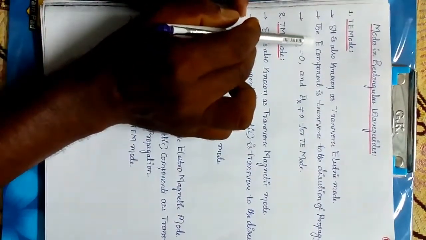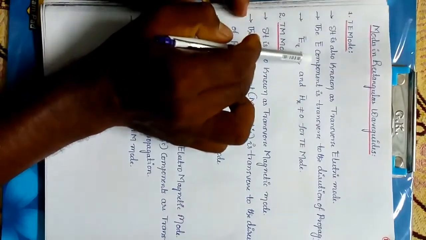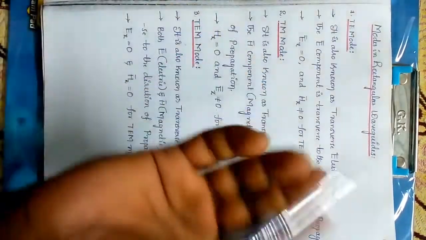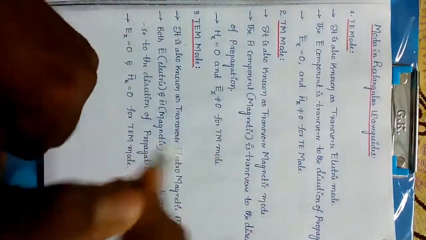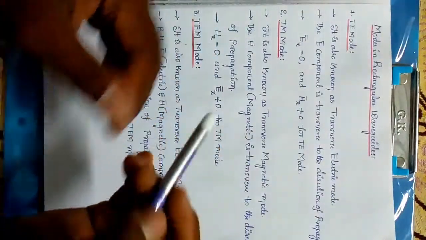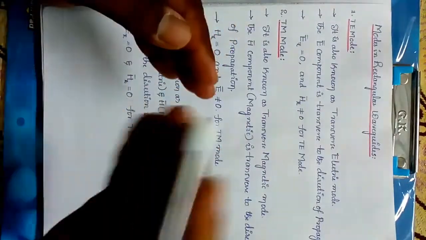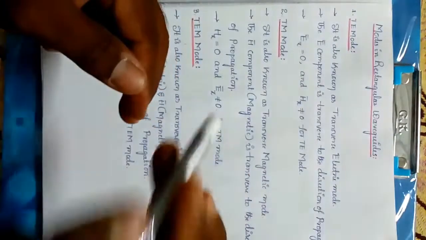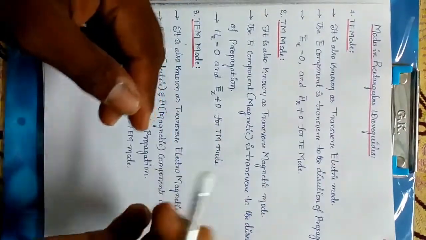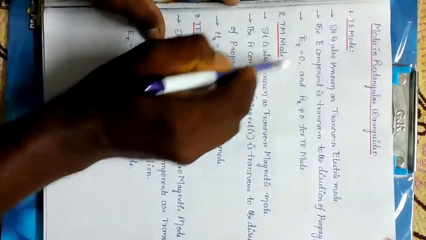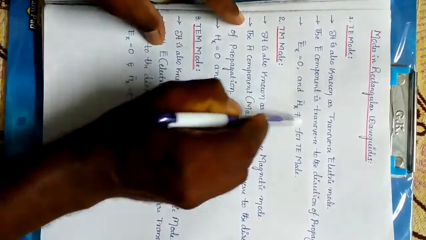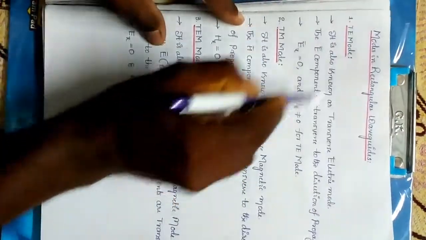The electric component is transverse to the direction of propagation of that particular waveguide. That means Ez is equal to 0 while Hz is not equal to 0. This is the definition of TE mode.